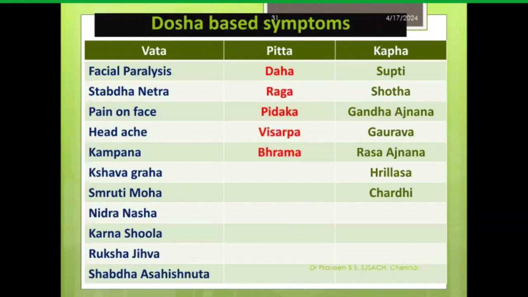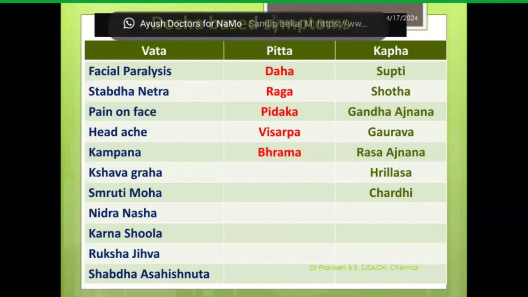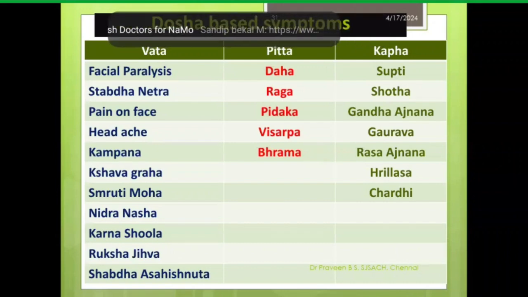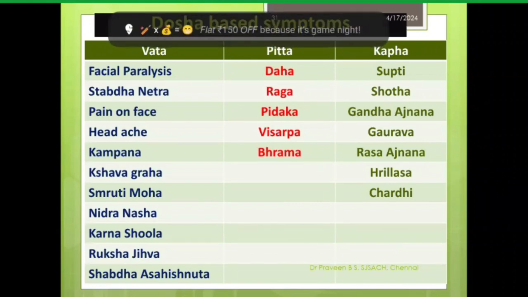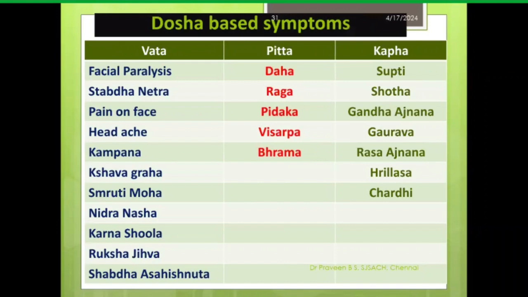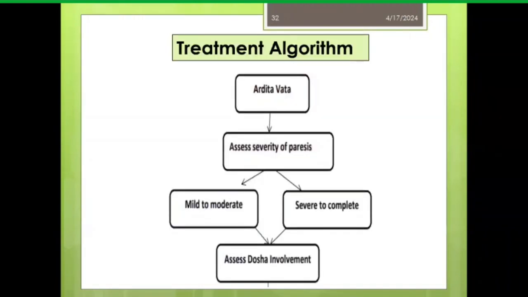In case of Ramsay Hunt syndrome, the herpes zoster infection is there, and based on this, what we can understand is that the Vata Vyadhi is associated with another disease called Visarpa, and the treatment has to be done accordingly. Brama is also one of the symptoms of Pitta. Whereas Kapha symptoms like Sukti, Shota, Gandha Ajnana, Gaurava, Rasa Ajnana, Hrillasa and Chardi are various symptoms of this one.